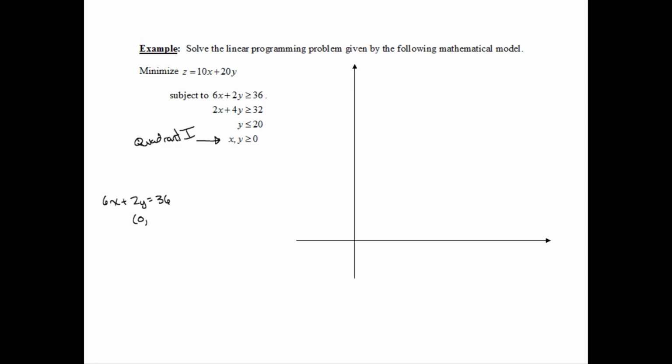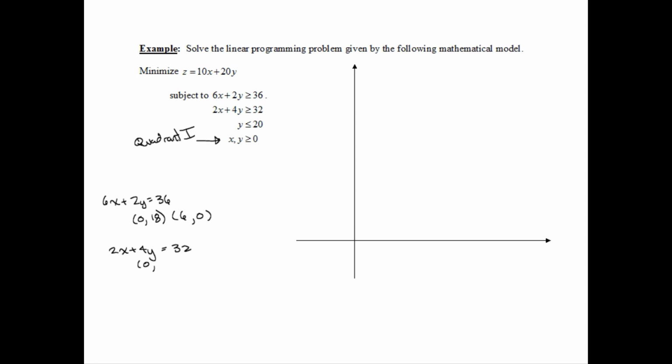When x is 0, then y is 18. When y is 0, then x is 6. Move to the next one. 2x plus 4y equals 32.